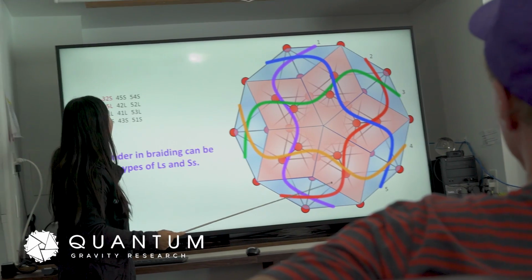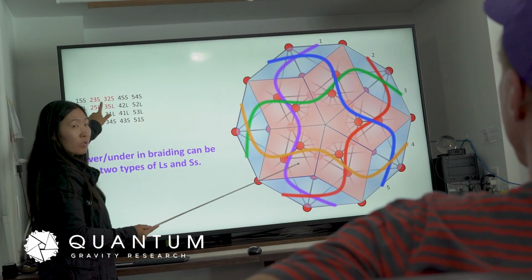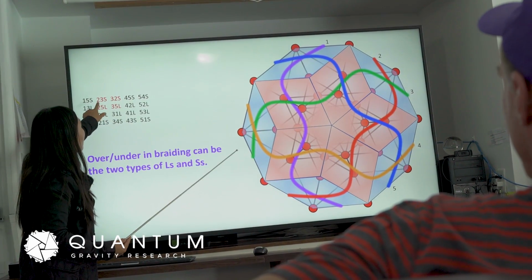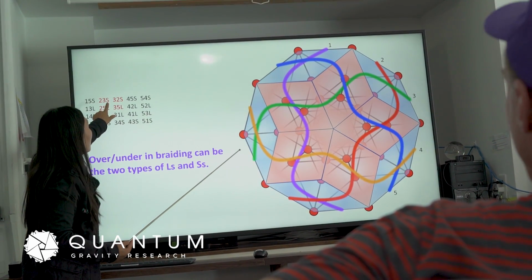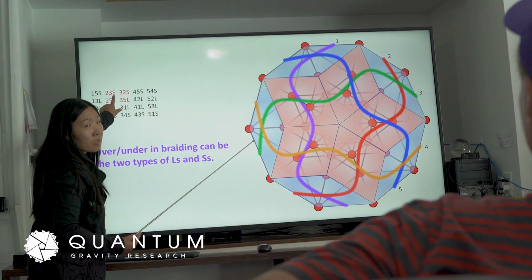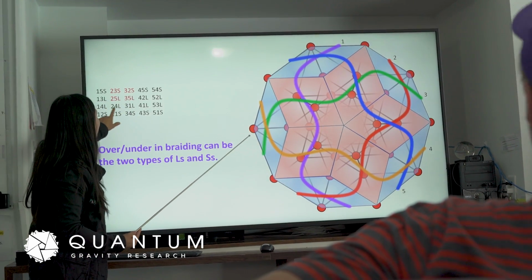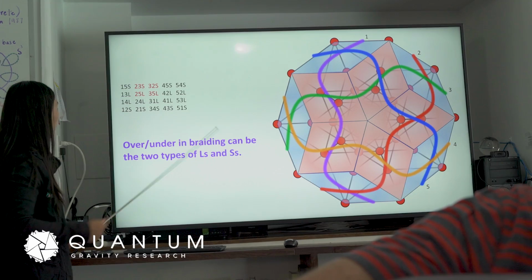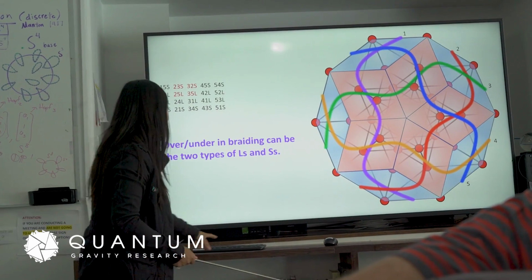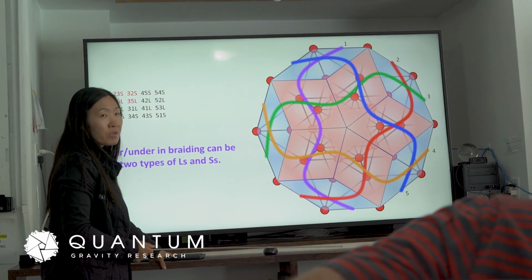So that's why I said 2, 3, S. So you know the labeling, right? It's ribbon 2 intersecting ribbon 3, and that node is an S node.